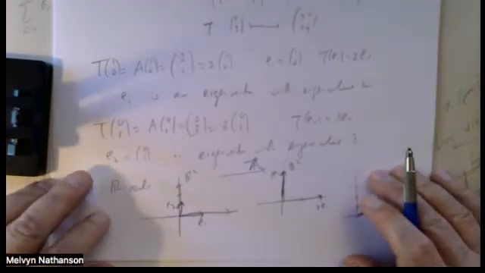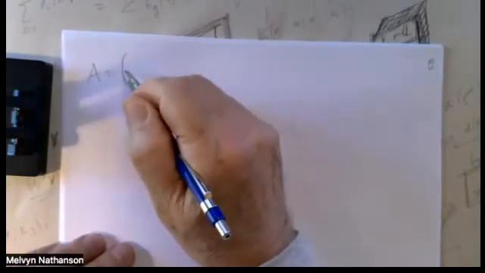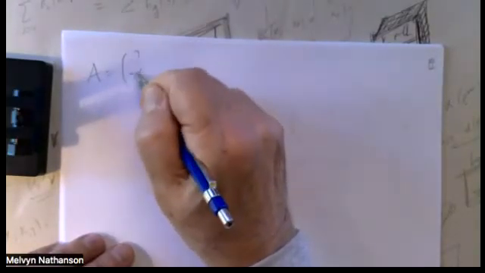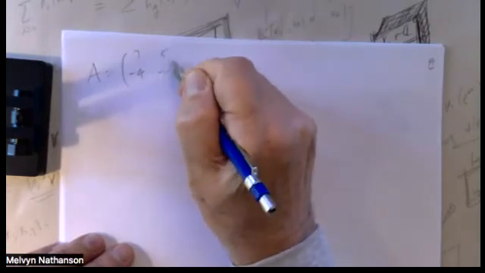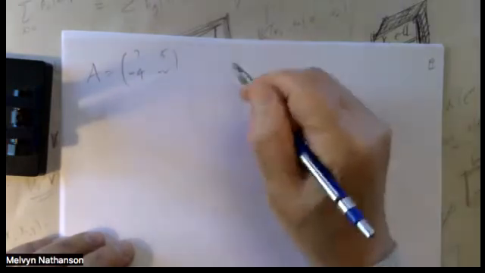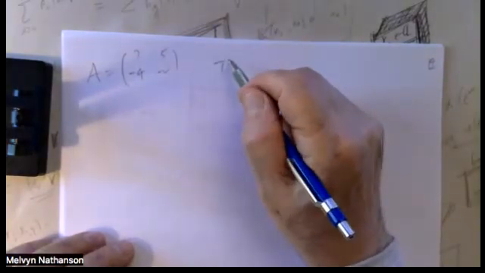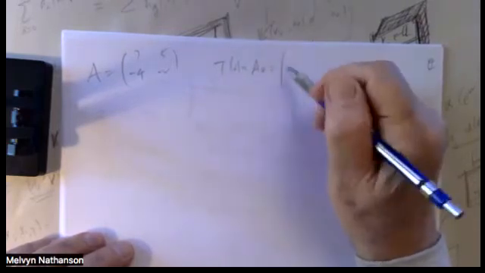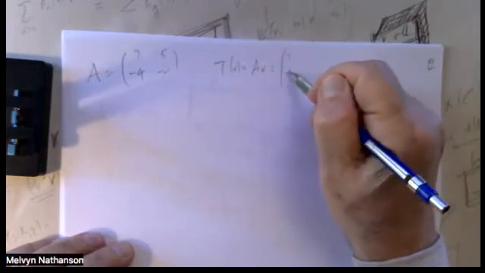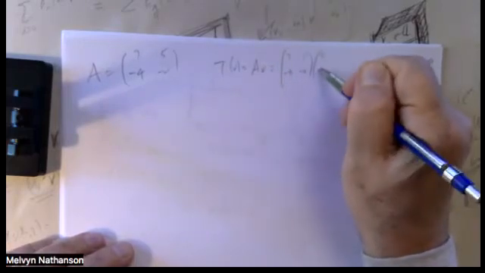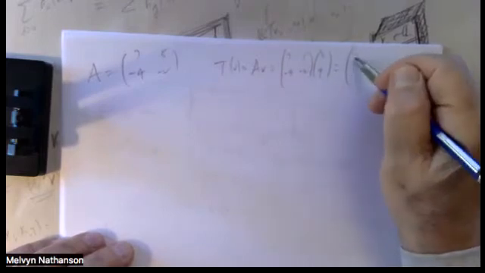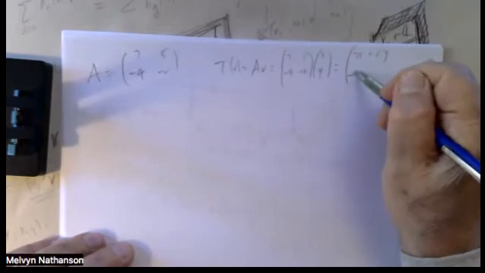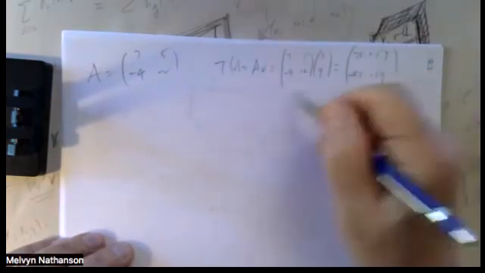For a more interesting example, this is example 1, I think, in the notes. We have the matrix A, a 2 by 2 matrix, which is [7, -4; 5, -2]. And we have the linear operator T of V equal to the matrix A times V. So that means if V is (x, y), we get the vector (7x - 4y, 5x - 2y).